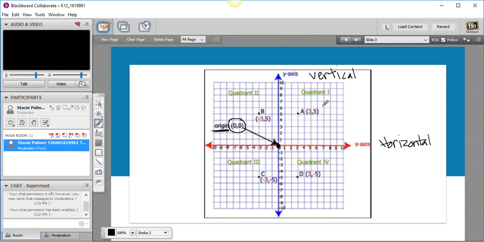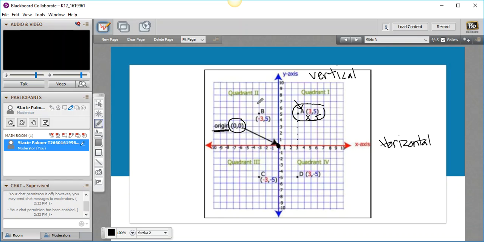Okay, so you can see right here this ordered pair, 3, 5. The x is 3, the y is 5. Okay, so the location for this point A from the origin is to move to the right 3, 1, 2, 3, and then up 5, 1, 2, 3, 4, 5.